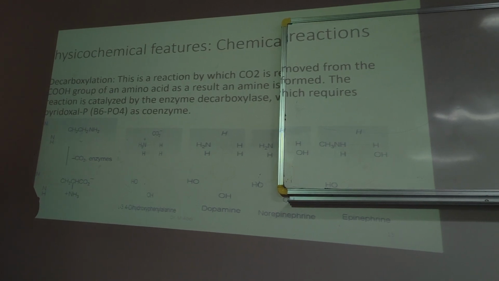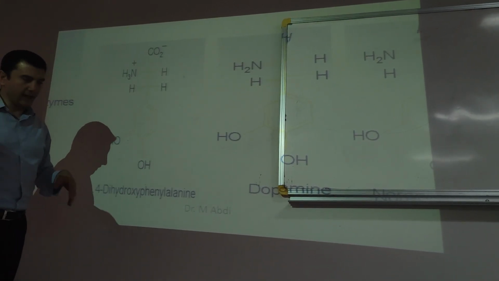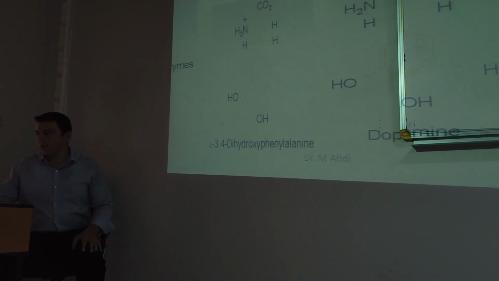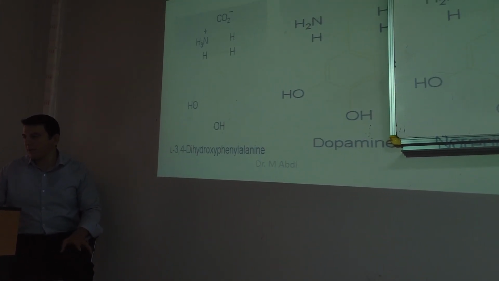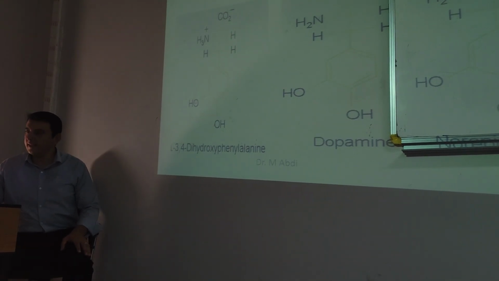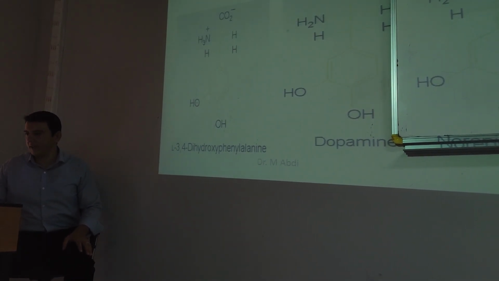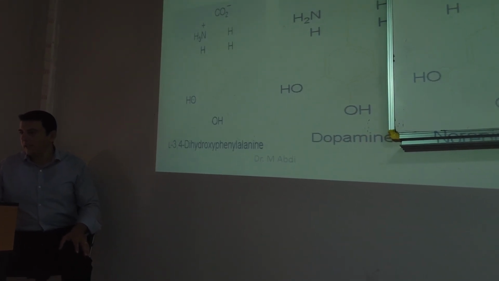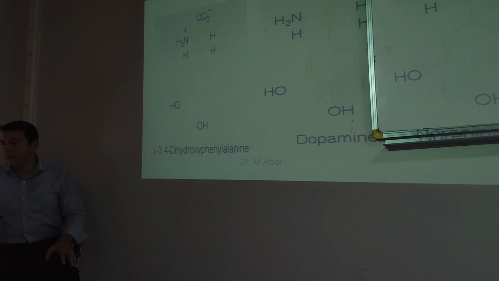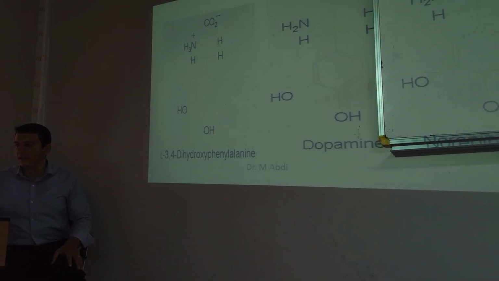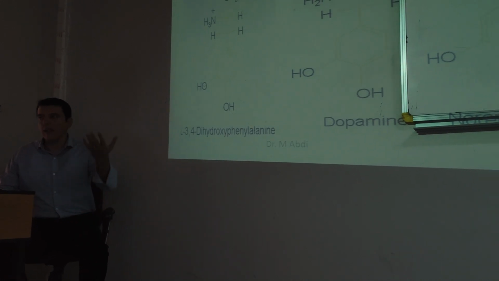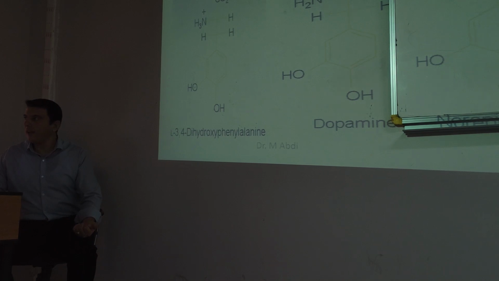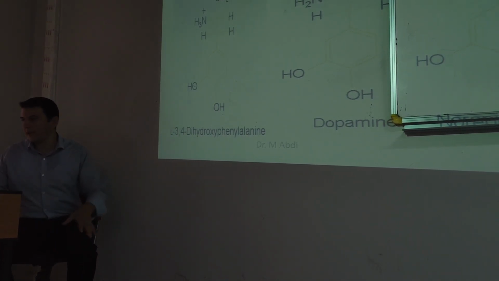You can see here some examples. For example, there are some important decarboxylated amino acids. The first one is dihydroxyphenylalanine, a molecule in the phenylalanine metabolism pathway.